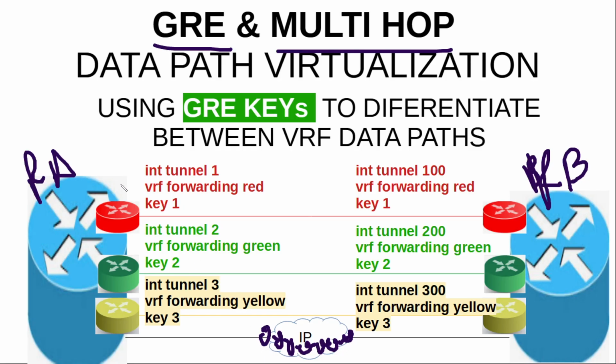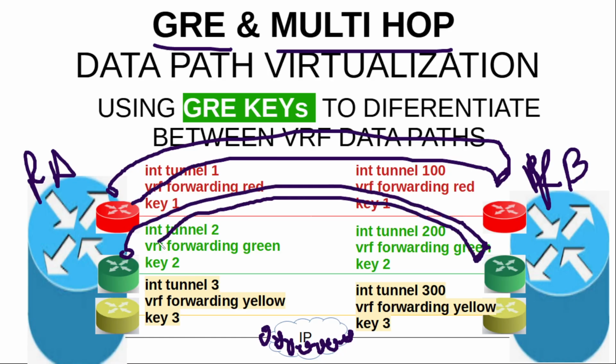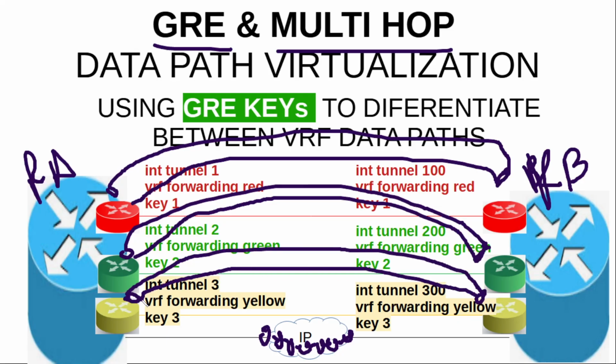We will be creating one tunnel here to communicate the red VRF, another tunnel here to communicate the green VRF, another tunnel here to communicate the yellow VRF. How are you going to be able to tell one tunnel from the other? Using the GRE key.